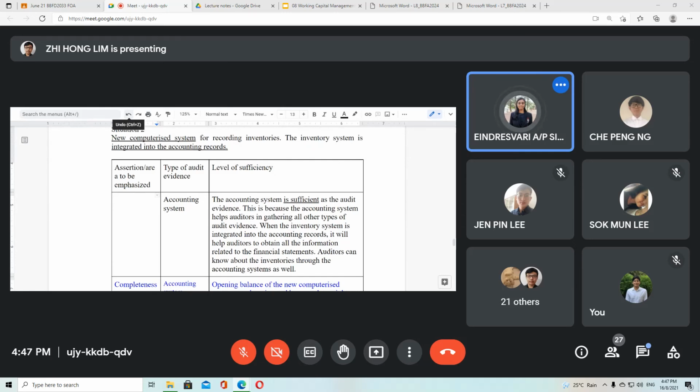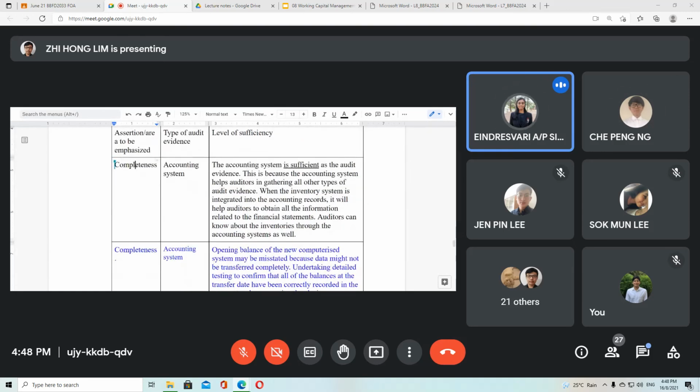Okay, so in this case, there is no very specific assertion. The only thing is that you can say completeness. The assertion here will be completeness, because how do you know all the transactions are recorded correctly or not? Because this is a new system, right? Sometimes when you key in the information, the system may not have captured the information.